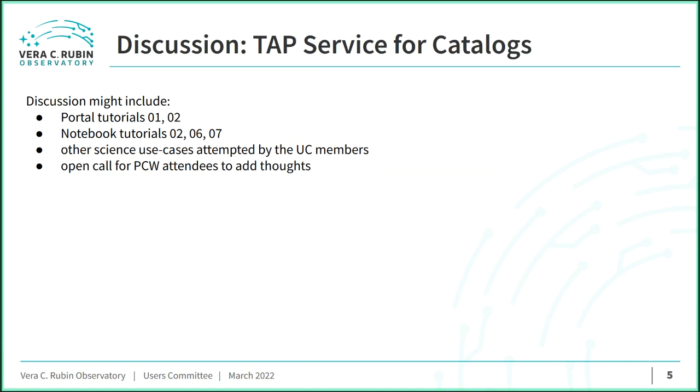Not really. That's sort of beyond scope. For the users committee, commissioning and survey strategy have their own programs to interact with the community. So we focus mostly on data products and the Rubin Science Platform. But that said, if there are pressing needs, don't keep them to yourself.